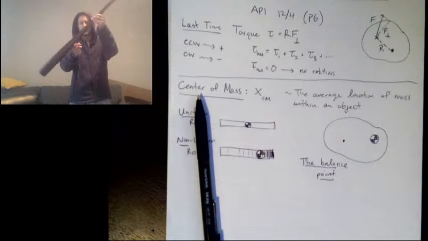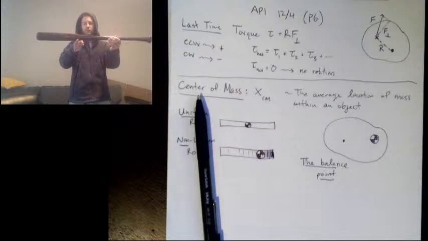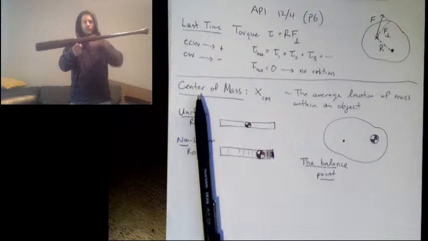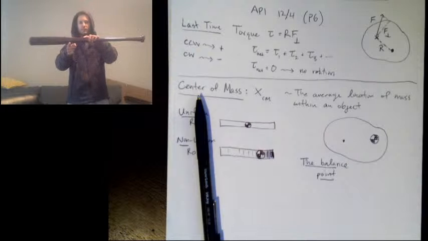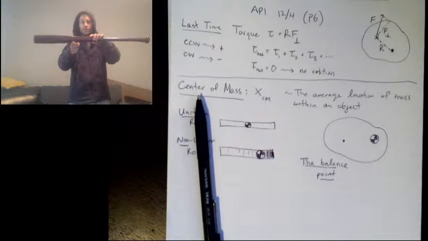Now it wants to go the opposite direction, so I move my finger again. And eventually, that's pretty close. You know you're really close when it doesn't move very quickly. It doesn't tip very quickly. So it's like right there.